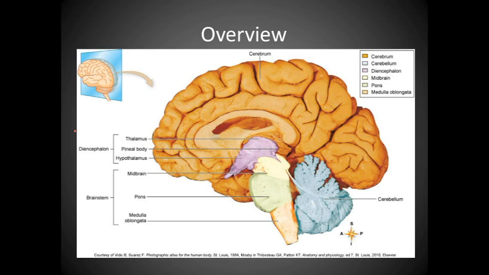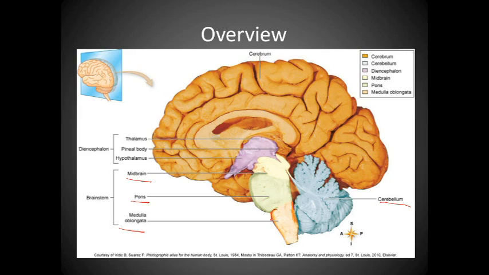So just a simplistic overview, we have the cerebellum, which is in the posterior portion, slightly below the occipital lobe. We have the cerebrum. And then we have the brain stem, which is comprised of the midbrain, pons, and medulla oblongata.